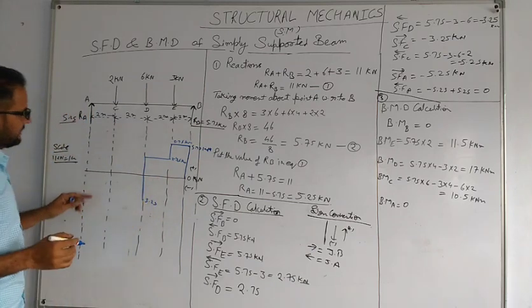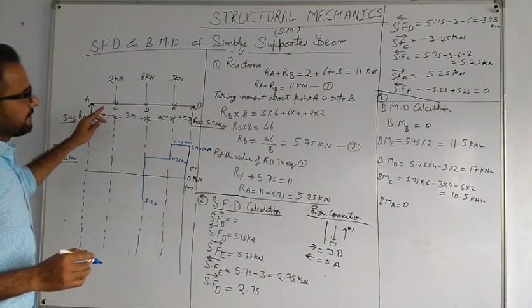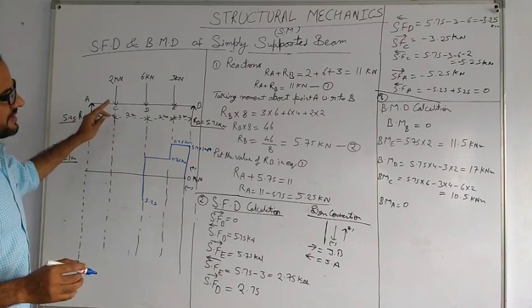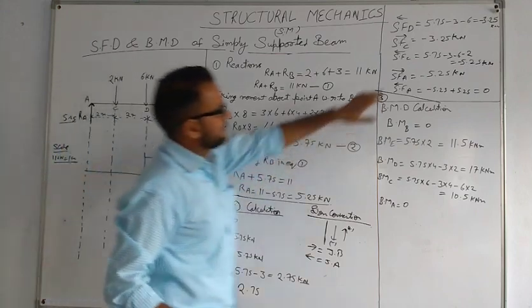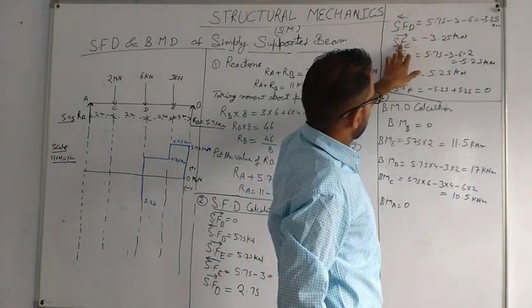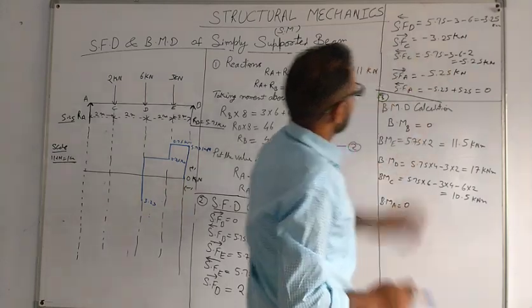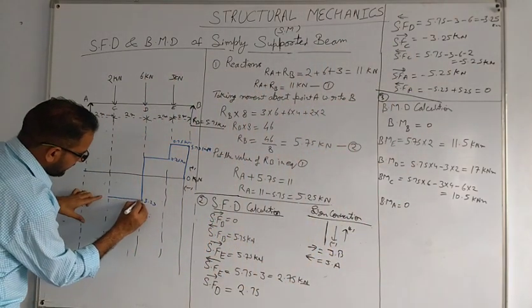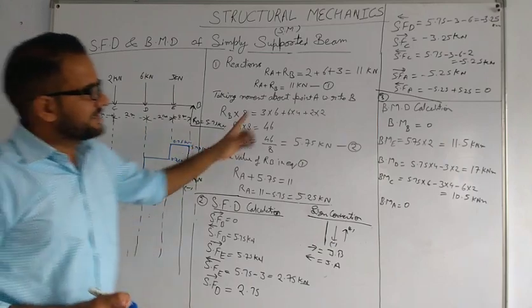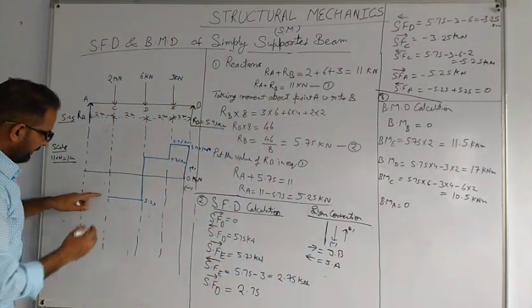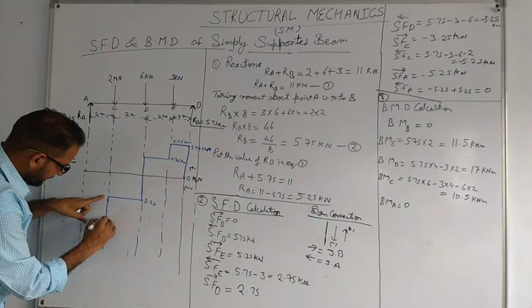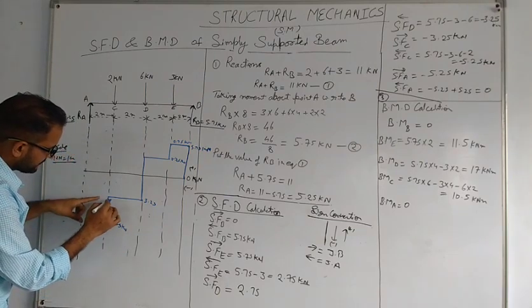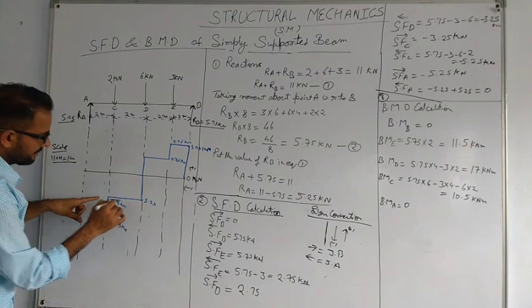Again at point C, shear force just before is minus 3.25, so we join this line. And shear force at point C just after is minus 5.25. This one is 3.25 kilonewton.